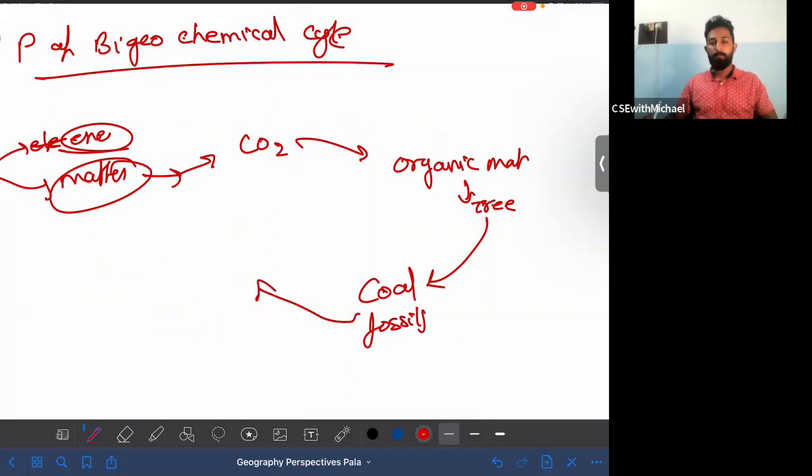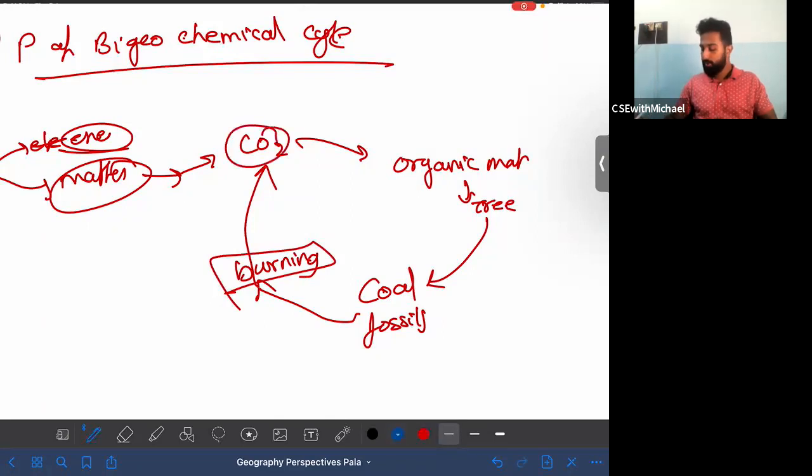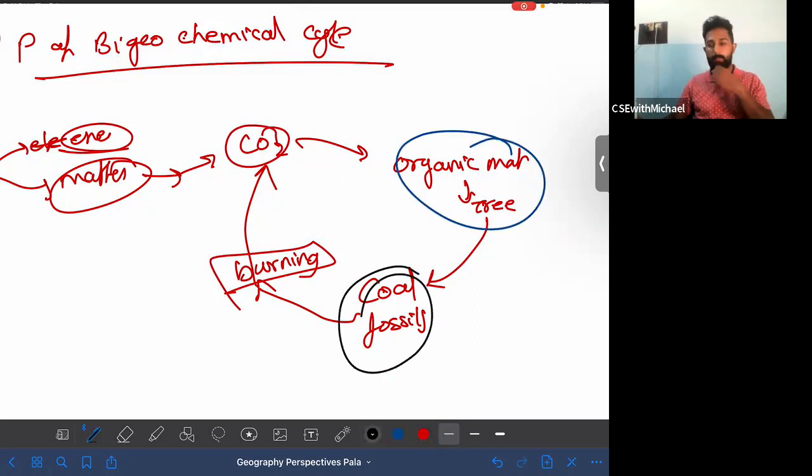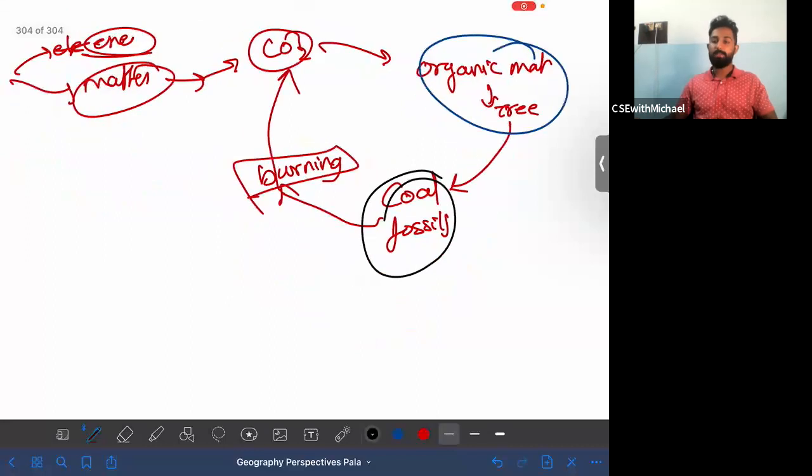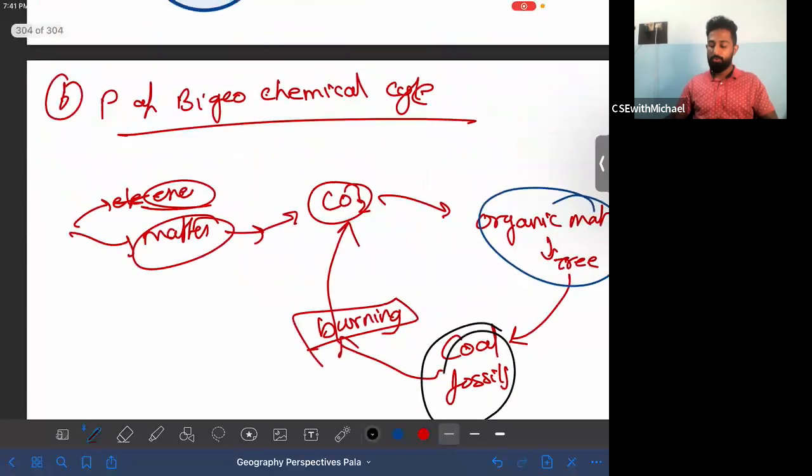Then again, it would be converted back into carbon dioxide through burning. So this is the biogeochemical cycle. The way in which particular matter exists in the biosphere, on the earth, is changing.